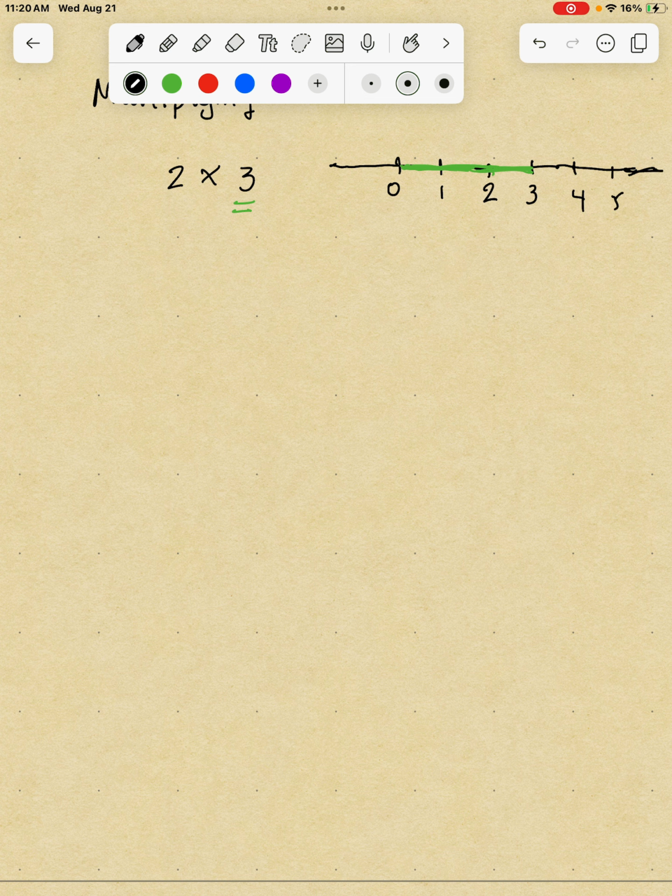And I'm only going to be talking about positive numbers here. So you take a line segment of length 3, and then you take another line segment of length 3. 1, 2, 3. Where are you on the number line? You're at 6. So 2 times 3 is 6.